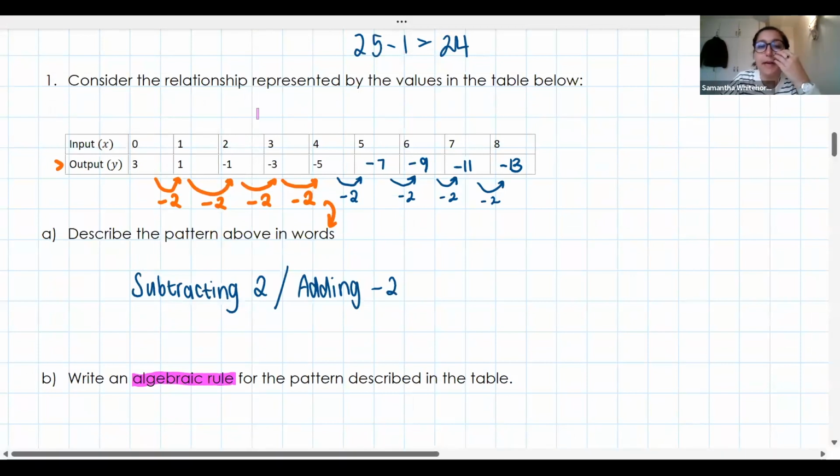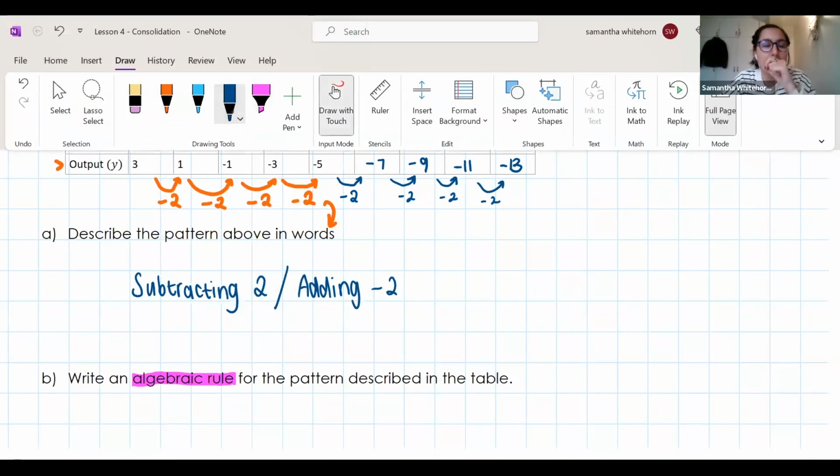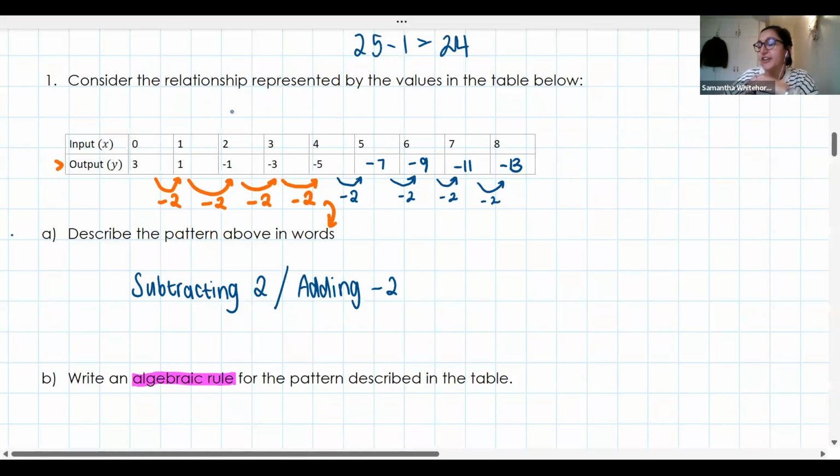If you think back to number patterns, we also spoke about this in the context of using Tn and n. But for now, we're just going to use x and y, because this isn't number patterns. This is working with functions and relationships. So we stick with our input and our output.